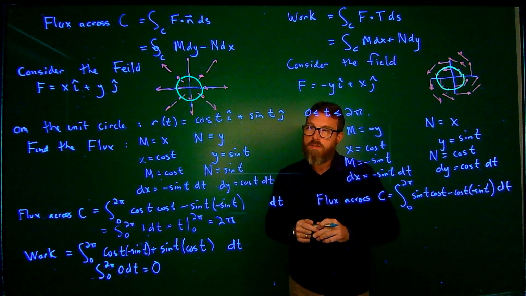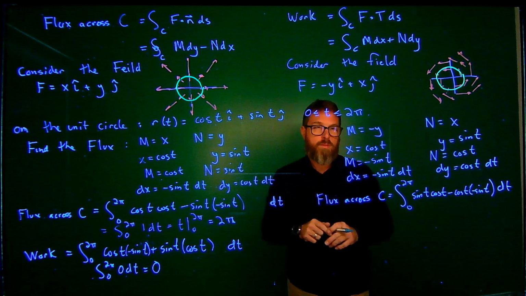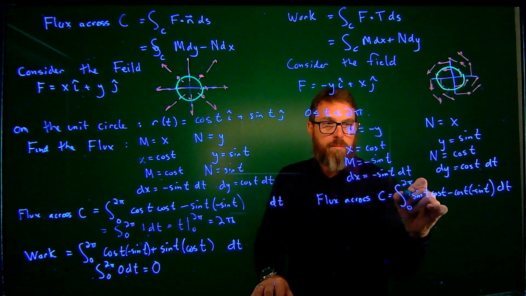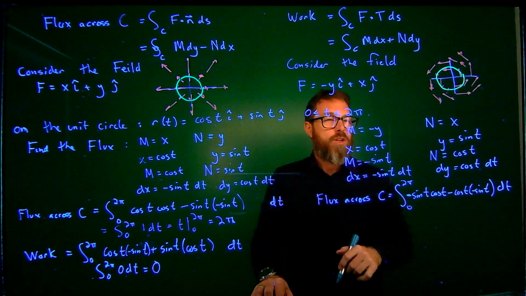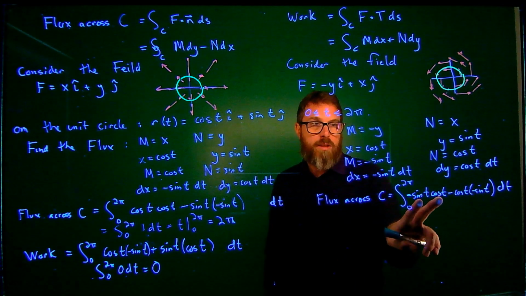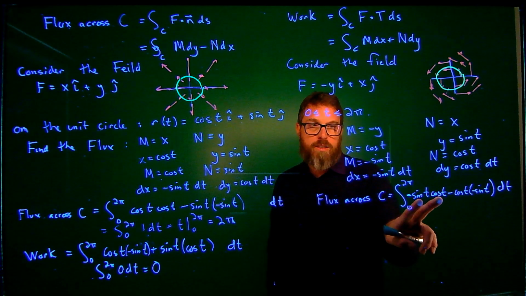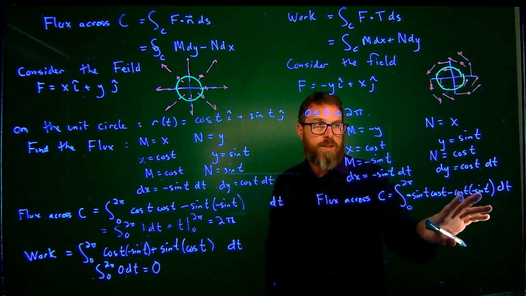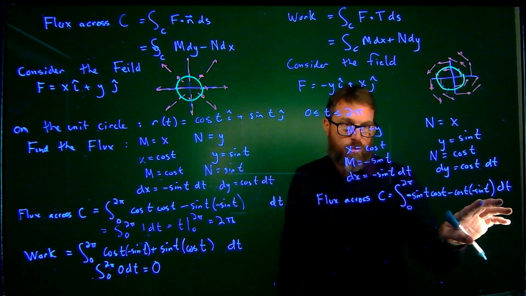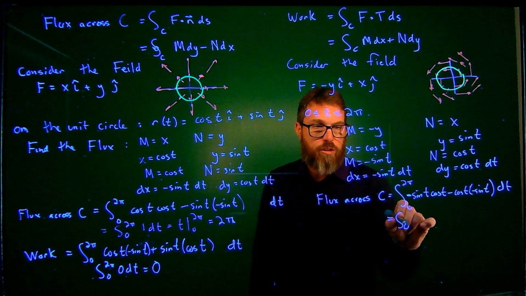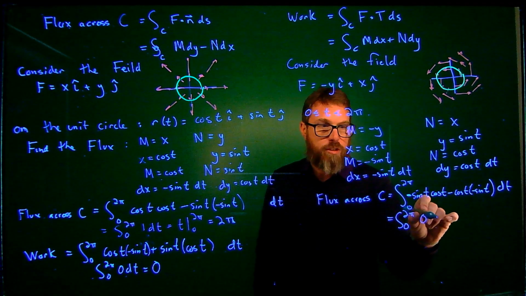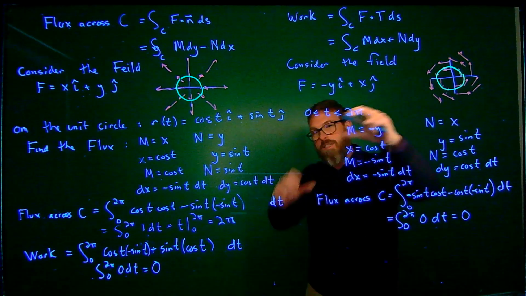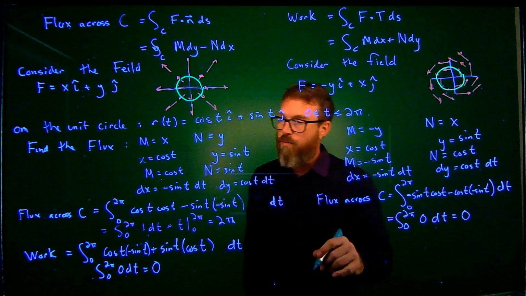Does that make sense? Double check. There it is, minus sine of t. So what we see here is the negative sine t cosine t, it's the minus here, and then this is going to be negative times a negative, which will be positive. So these things will annihilate to 0. So this is the integral from 0 to 2 pi of just 0 dt, which is going to be 0. It really reinforces the idea that this has no outward push, so it has no flux.